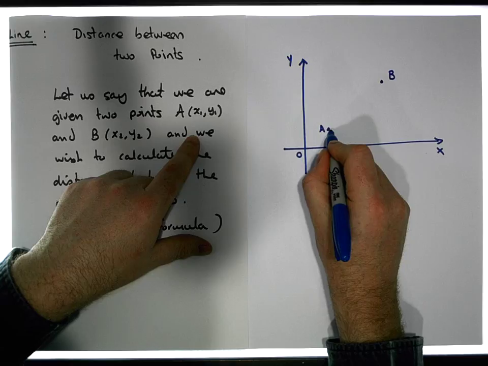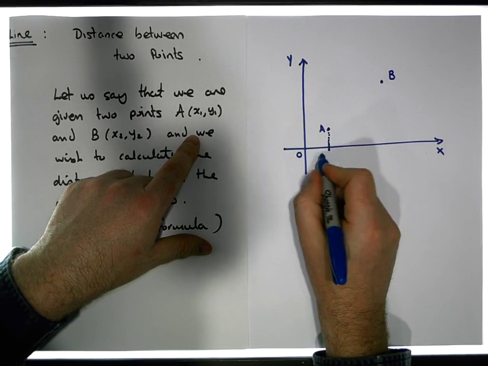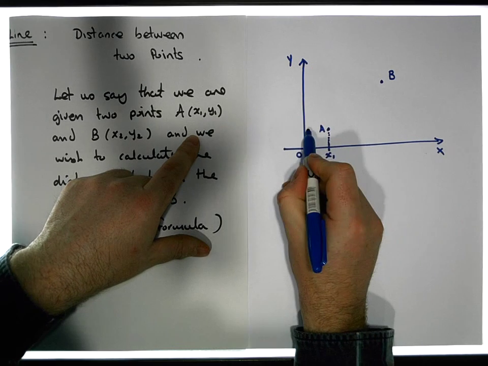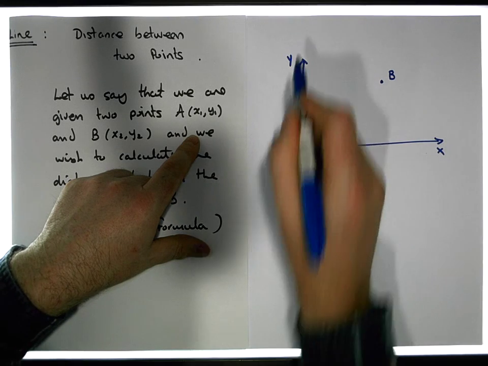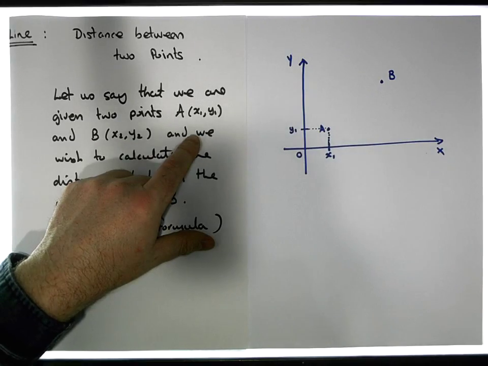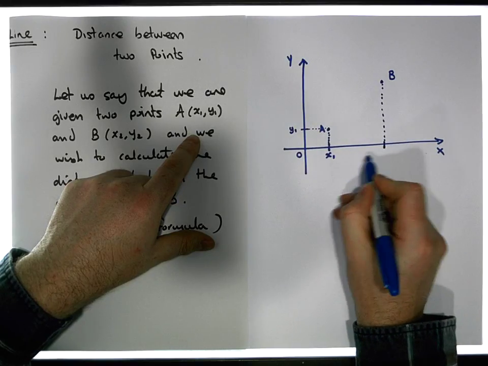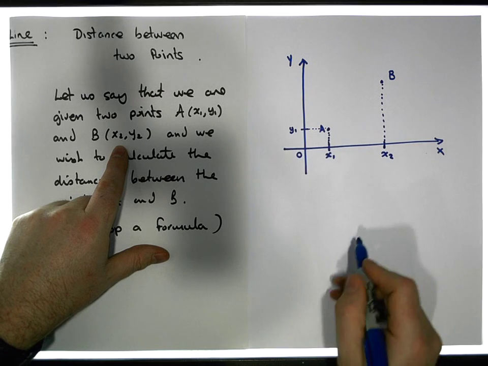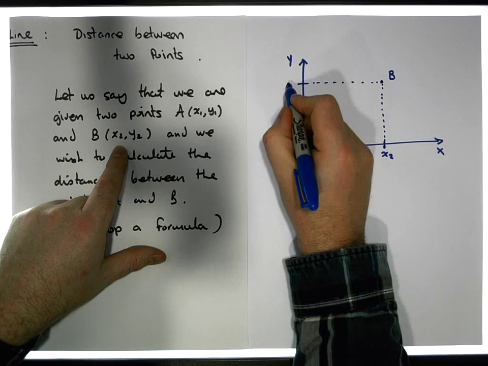So the point A can be located a distance of x1 away from the origin in the x direction, and a distance of y1 away from the origin in the y direction. That's the coordinates x1, y1 for the point A. Similarly, the point B is a bit of a distance away. It's a distance of x2 away from the origin in the x direction, and a distance of y2.